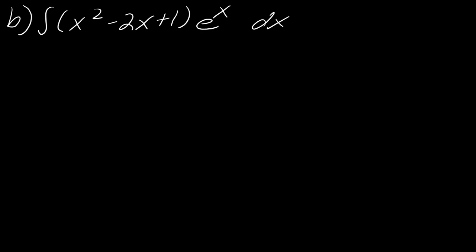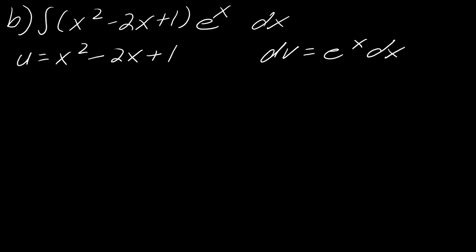For the next one, I've got x squared minus 2x plus 1 times e to the x. You might want to spend a moment just trying to set this one up. When you do enough integration by parts examples, you start to notice the rhythm to these. In this case, this part here, x squared minus 2x plus 1, is going to be my u, and my dv will be e to the x dx.